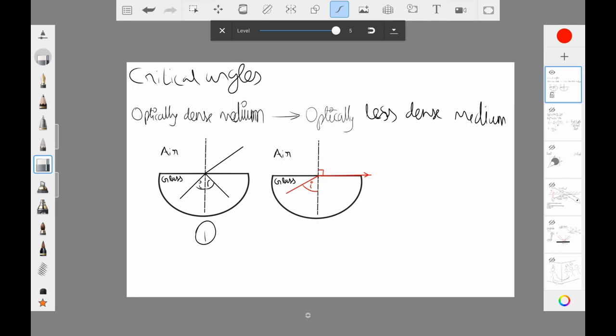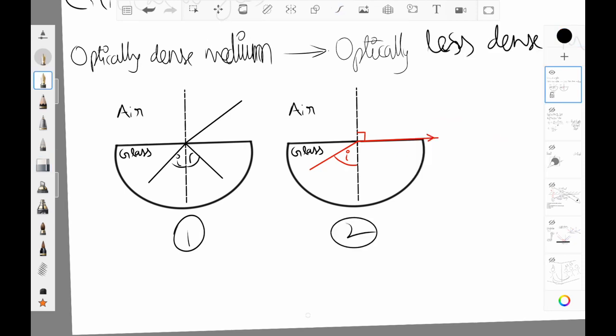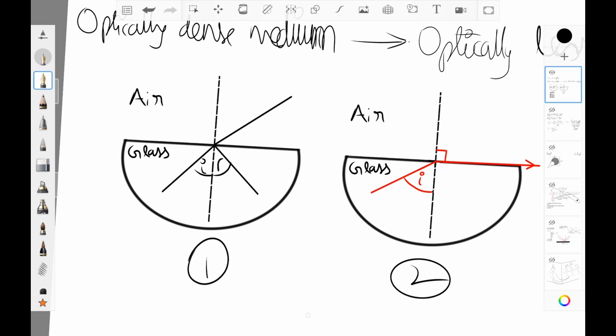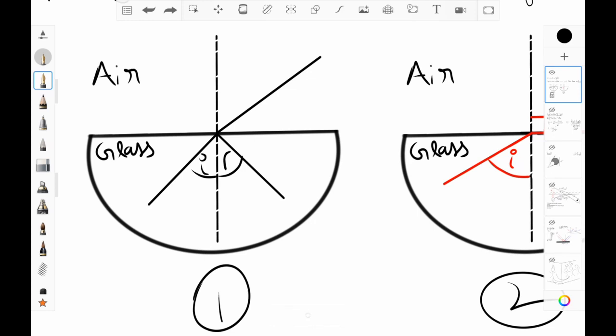Let's take glass and air as an example, focusing on diagram 1 first. When light travels from glass to air, some of it is reflected, as you can see from this ray right here, and some of it is refracted, from this ray right here. And as you increase the incident angle, so as you increase I, you're also increasing this refracted angle right here.